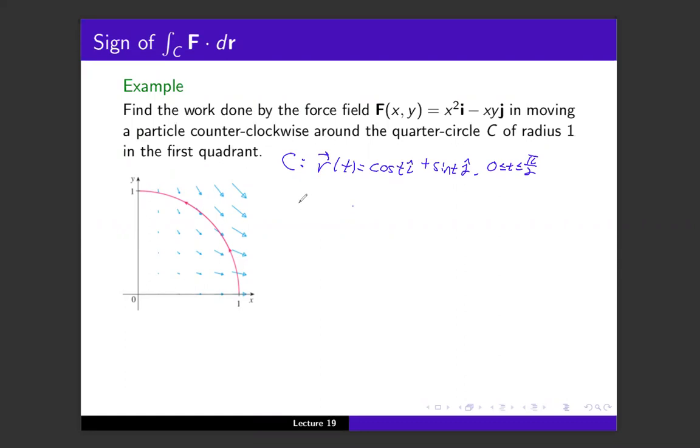And if t is going from 0 to pi over 2, that's going to trace out this quarter circle in this direction. And importantly, this is going counterclockwise in this case, so the directions agree. Notice that the direction that it's going in is going against the vector field. Let's see what happens with the work in this case if it's going against the vector field.